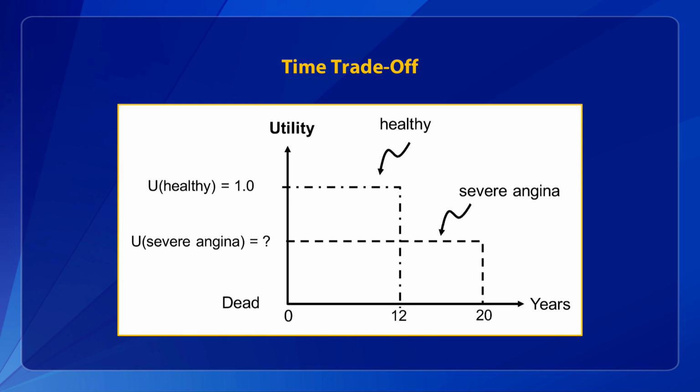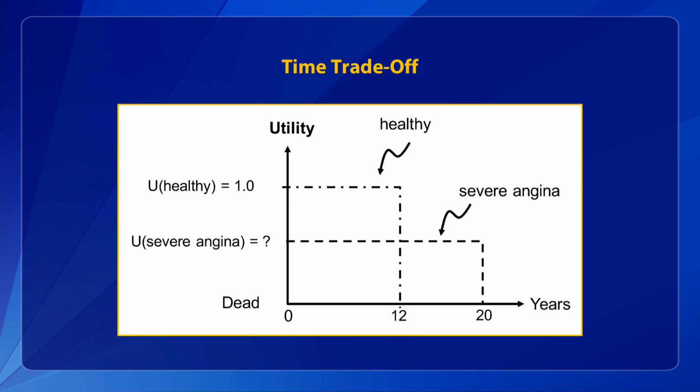Another way to directly elicit utilities is the time trade-off method, which was developed as an alternative to the standard gamble. This method is used primarily in health research. The respondent is offered a choice between two alternatives of certainty. The goal is to find the point where the person becomes indifferent between the two alternatives. Here's the setup.